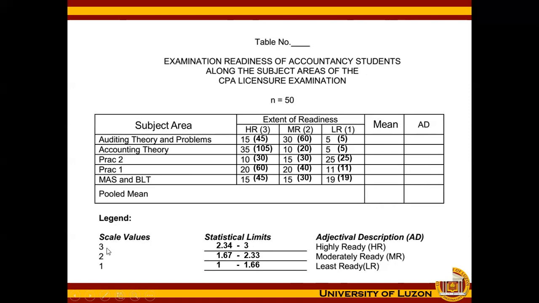So we have 3 minus 1, which is equal to 2, divided by the total number of values, which is 3. So that's the highest value minus the lowest value, divided by the total number of values.